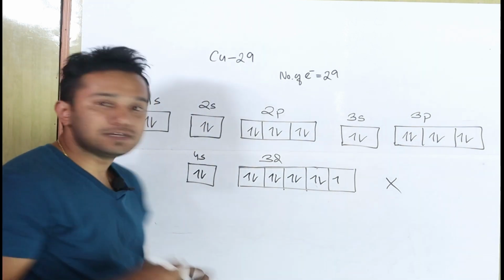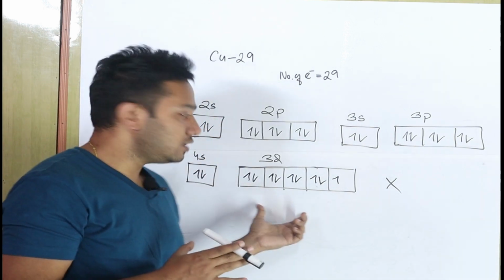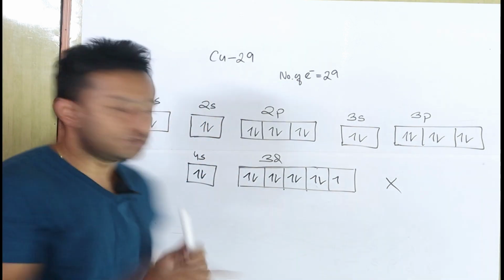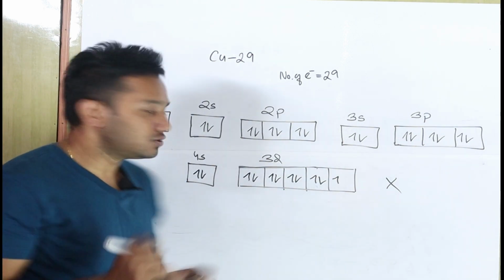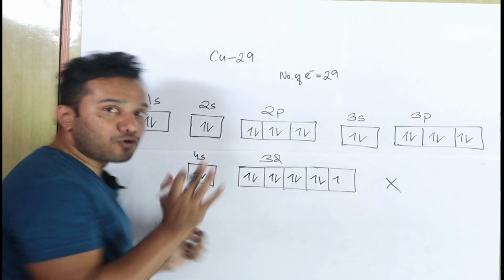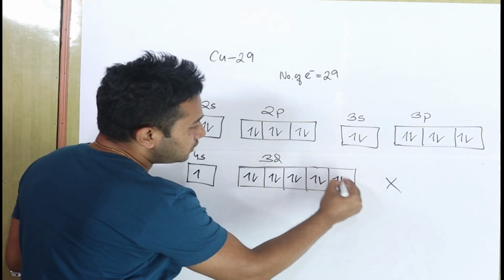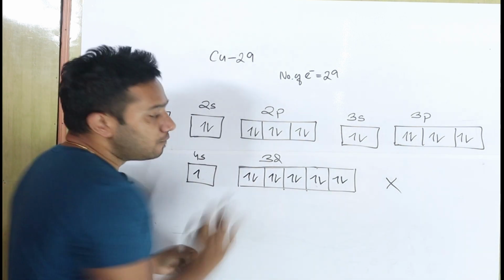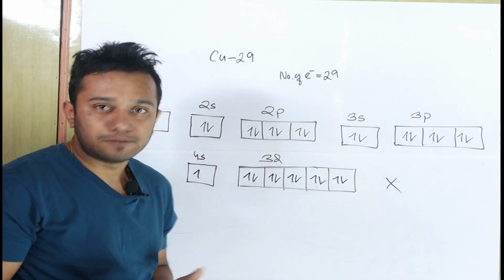In chromium it is trying to be half filled, whereas here it will try to be fully filled. If I put one more electron here, it is going to be fully filled. So just like chromium, one electron will jump from 4s to the 3d orbitals, making it fully filled. Now all of them are paired up and fully filled.